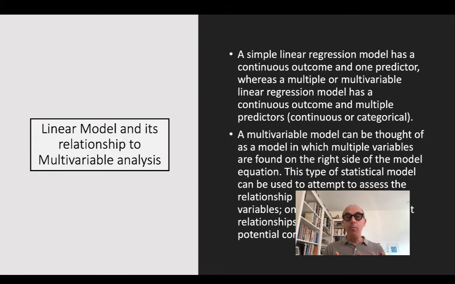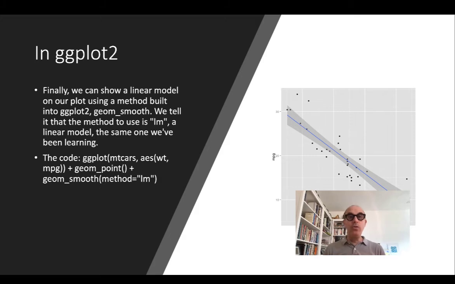A multiple variable model can be thought of as a model with multiple terms on the right side of the model equation. This type of model is used to compare independent relationships while adjusting for potential confounding.